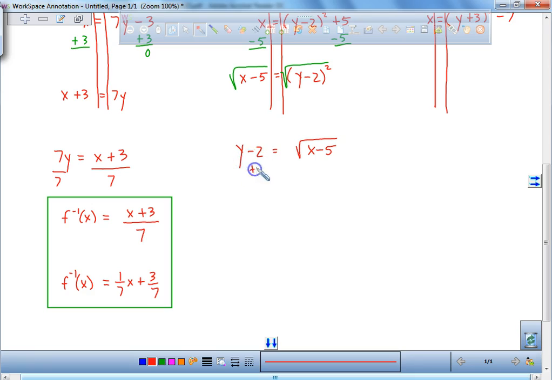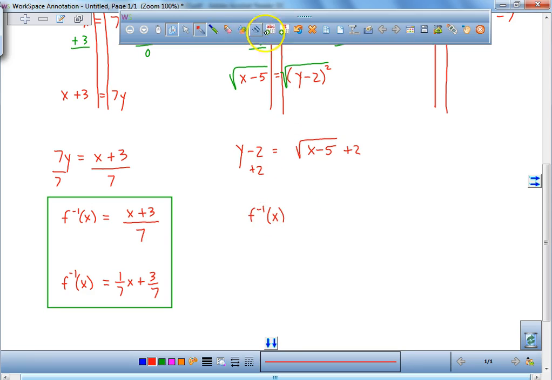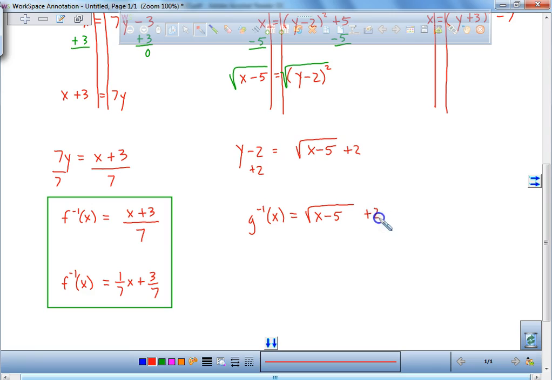We just add 2 to this side, and we add 2 to this side. So our inverse of this function, I'll put g of x because I started with g of x. So the inverse of g of x is the square root of x minus 5 plus 2 when the domain was restricted to x is greater than or equal to 2.